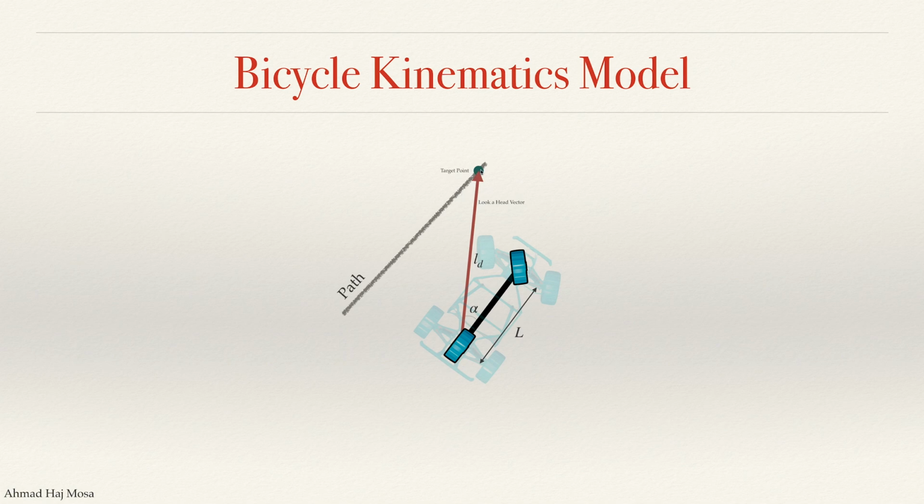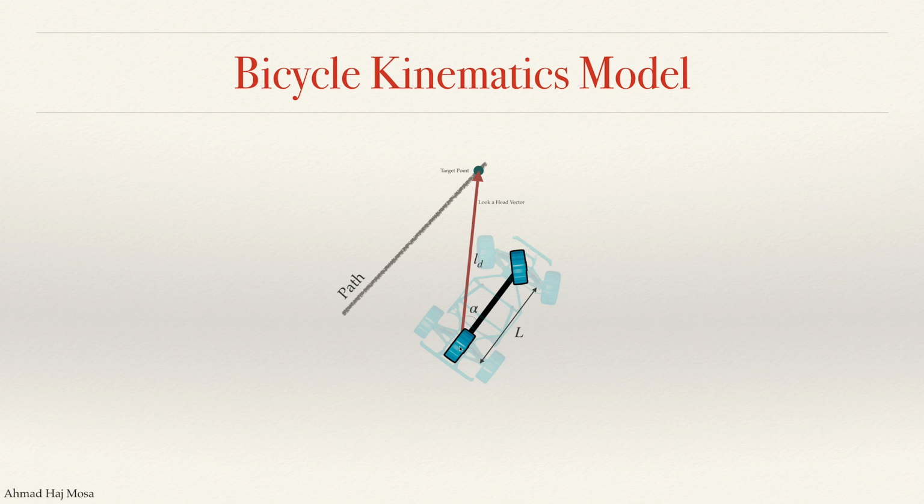There are two approaches. First, we fix that LD length, or as you'll see later, we can model it as a function of the speed of the vehicle. Then we search along the path. If we estimate the mathematical model of that path, we'll see that later, we can search along it for all the points that are at distance LD from the reference point.